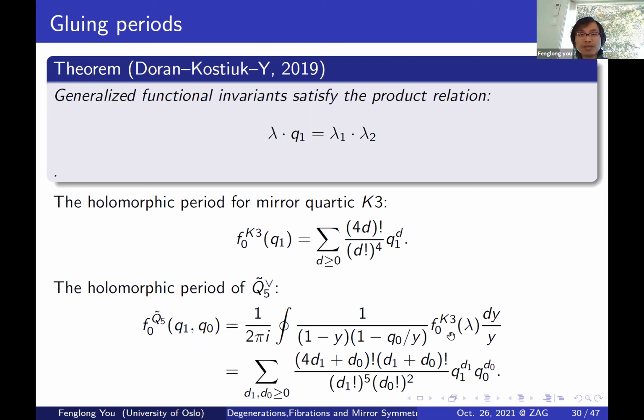Computing this residue integral, we get the period for this Q5 tilde, a period that has appeared in many papers before, and that's how we can compute this period from the period of this K3.